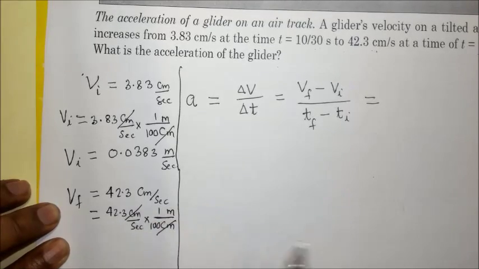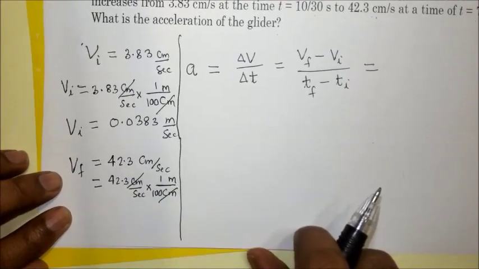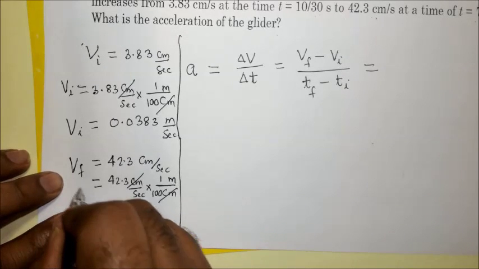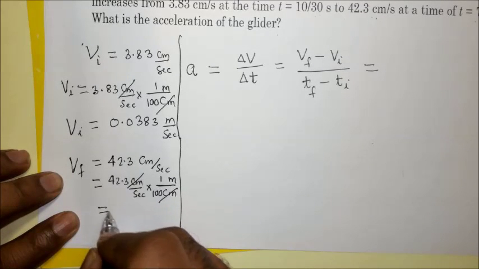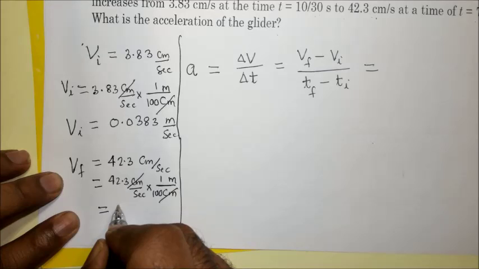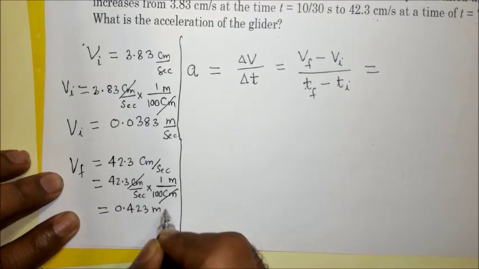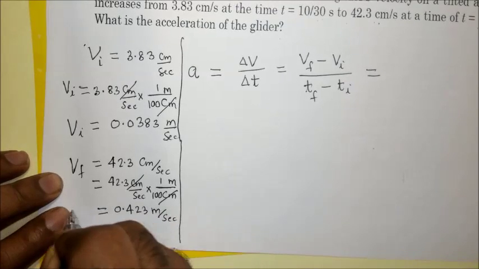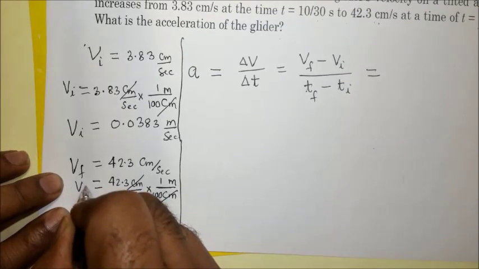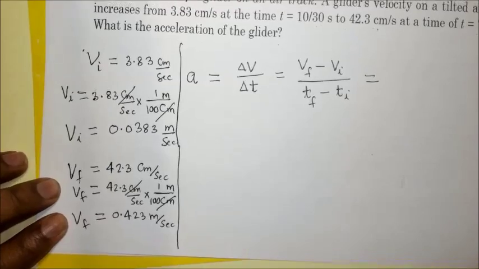This cancels out and you get 0.423 meter per second. V final.